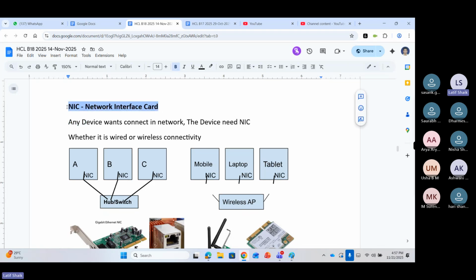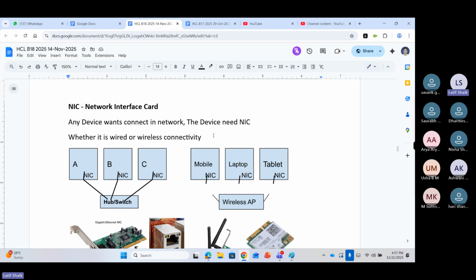NIC, network interface card. Any device that wants to connect in the network needs a NIC, whether it is wired type of connectivity or wireless type of connectivity.